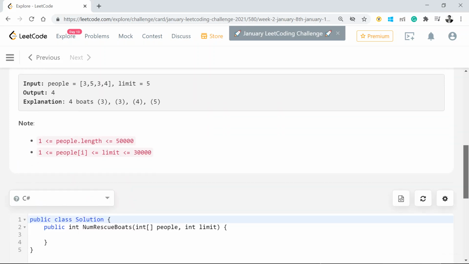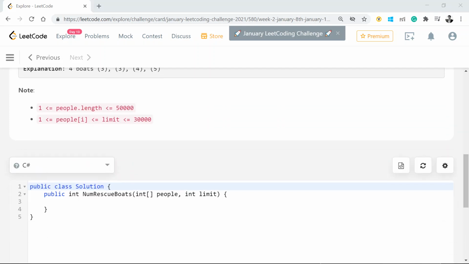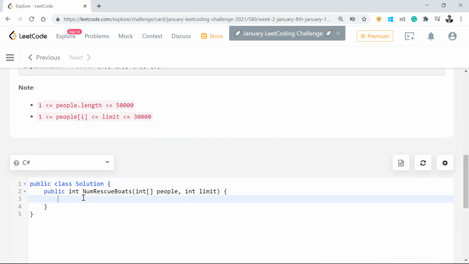So this tells us how we'll approach this problem. We'll first sort this list which is given to us. Then we'll give preference to the heavy person, since we already established that every person can go once.